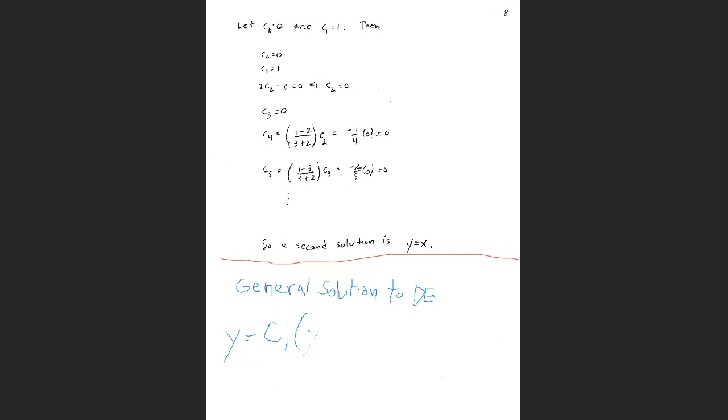Sorry class, I'm doing the best I can here. 1 plus a half x squared minus 1/8 x to the 4th plus 1/16 x to the 6th minus, dot, dot, dot, keeps going, right? Plus a big C2 times x.